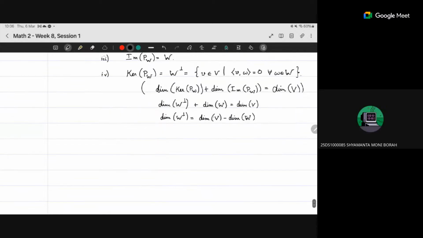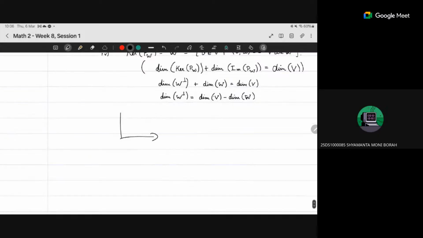And is that not obvious? If in R3 you take some one-dimensional space, there is a plane which is orthogonal to it. Of course, I cannot draw it properly. With the coordinate axes, it is easier.